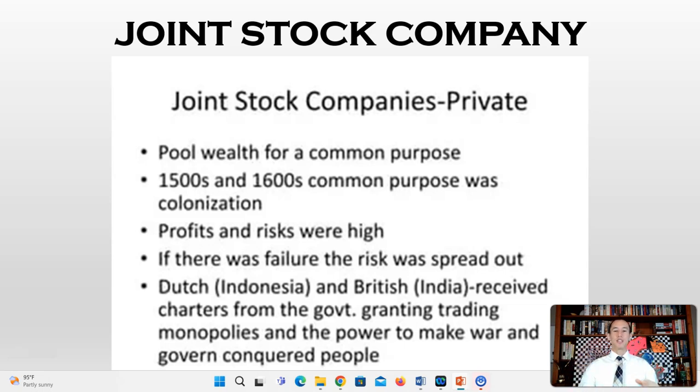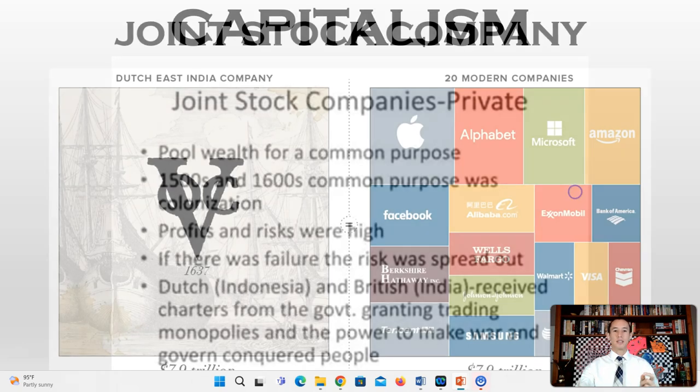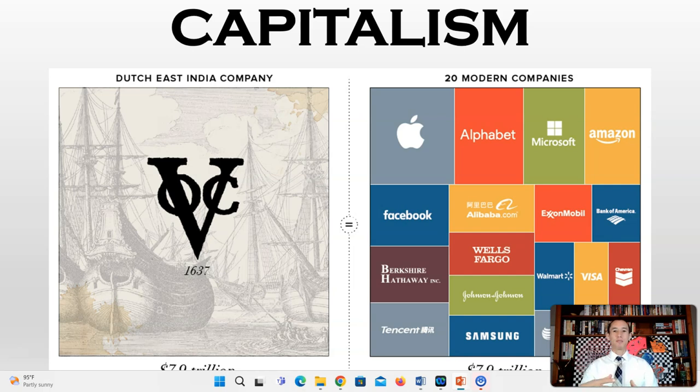The reason joint stock companies are so important is because they will help Western Europe in the formation of, or in the creation of capitalism. Now, these private companies are leading to individuals becoming independently wealthy.